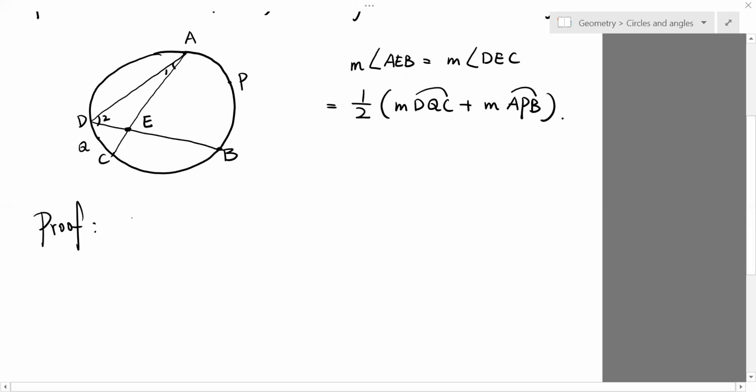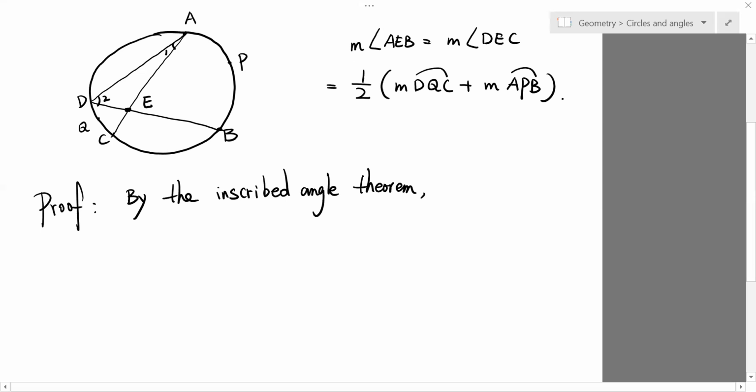By the inscribed angle theorem, we have the following observation.